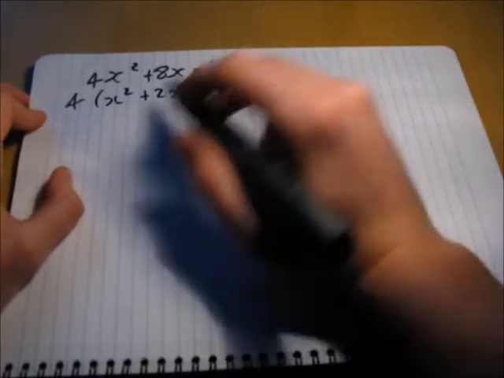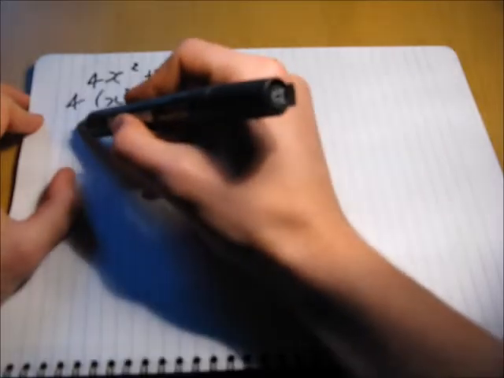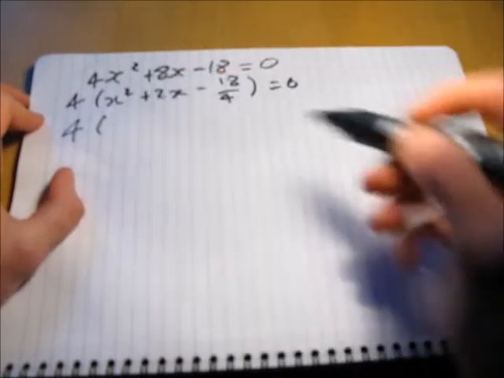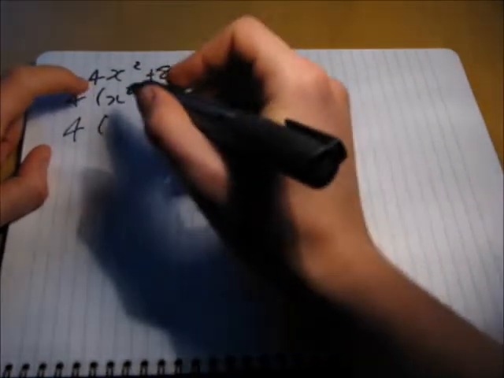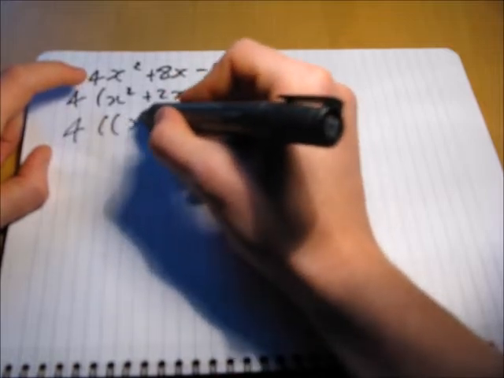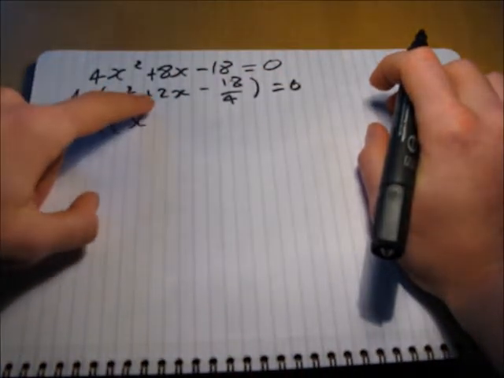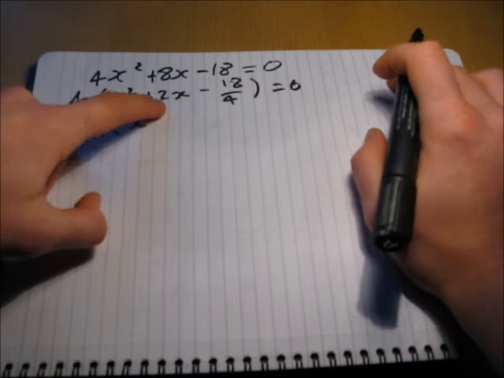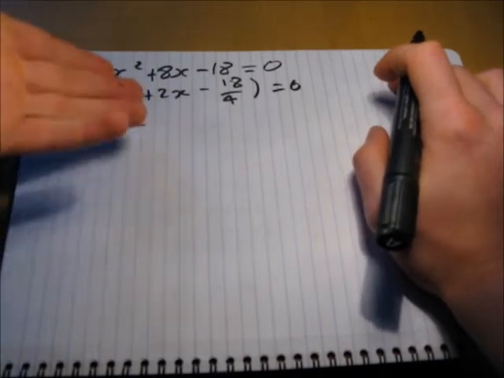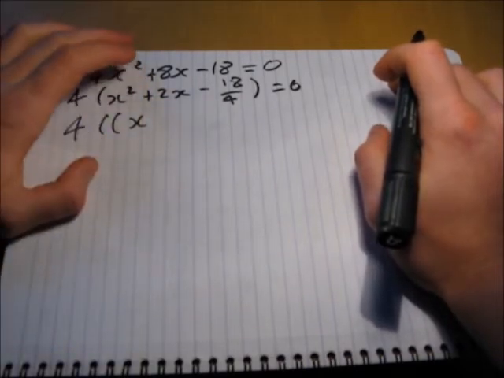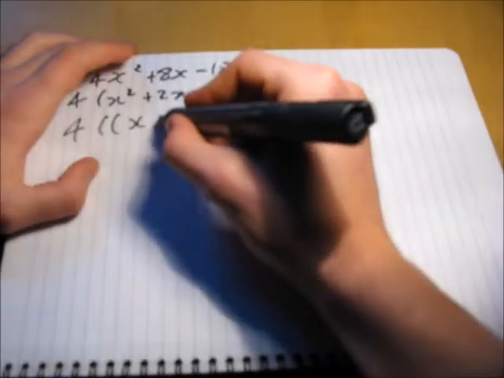So now we're going to be completing the square for the inner term, the term inside the bracket. I'm going to write out 4, and then you want to put two brackets first of all, and then x plus or minus half of this value. So for us here it is 2, so half of 2 is plus 1.